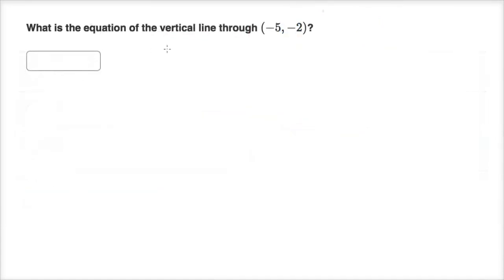What is the equation of the vertical line through -5, -2? So let me do this one without even drawing it, and then I'll draw it right after that. So if we're talking about a vertical line, that means that x doesn't change. If we were talking about a horizontal line, then we'd say y doesn't change.